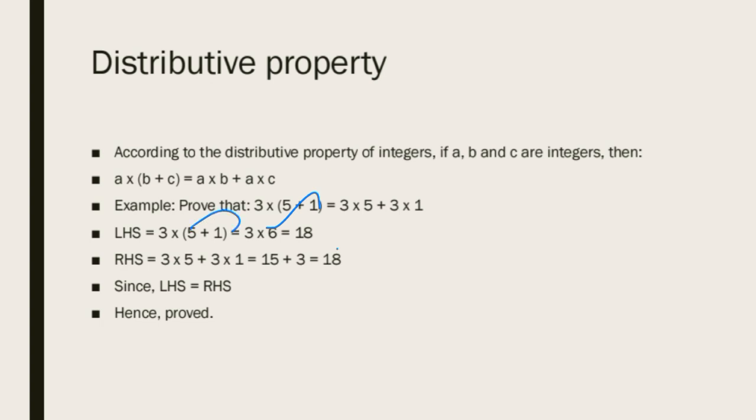First add the numbers in the bracket. We get 6 and multiply the numbers. Second, we get 18. RHS is equal to 3 into 5 plus 3 into 1, 15 plus 3 is equal to 18. LHS is equal to RHS. Hence proved.